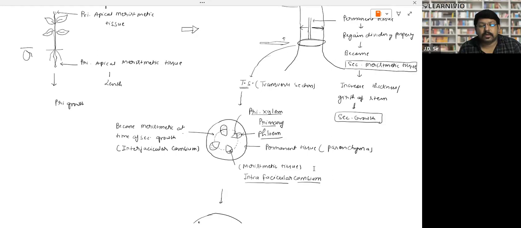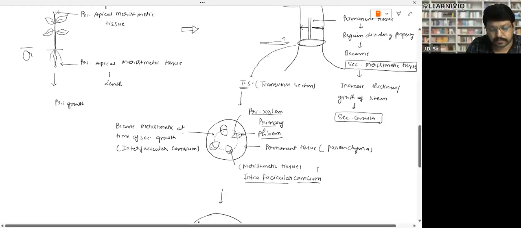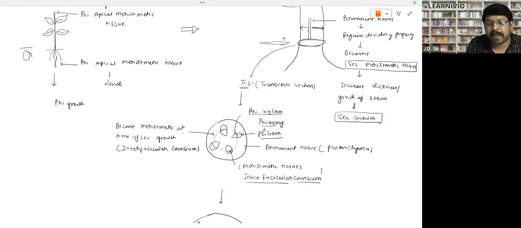The permanent tissue between two vascular bundles regains the capacity of division and becomes meristematic.